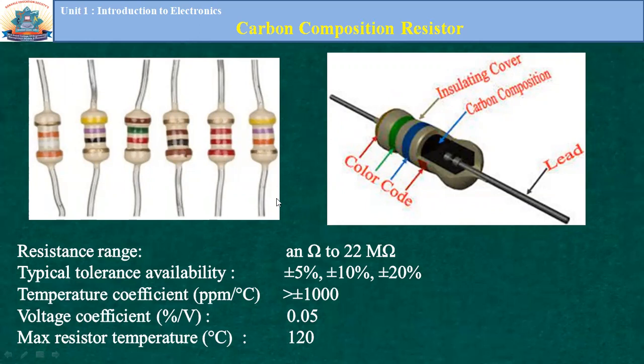This type of resistor is commonly available in the range from an ohm to 22 mega ohm, with typical tolerance of plus minus 5% to plus minus 20%, temperature coefficient of nearly plus minus 1000 ppm per centigrade, and voltage coefficient of 0.05% per volt. The maximum temperature this type of resistor can withstand is 120 degrees Celsius.